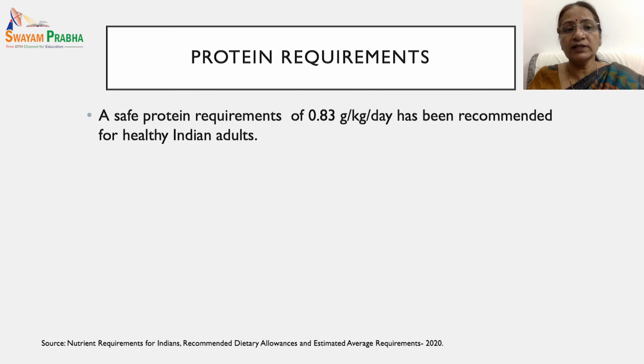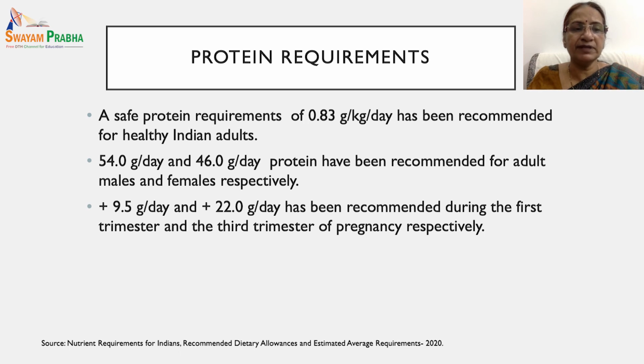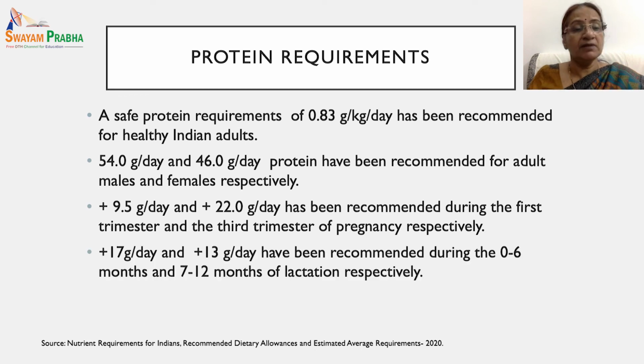Previously, it was 1 gram per kg per day. 54 grams per day and 46 grams per day of protein have been recommended for adult males and females respectively, plus 9.5 grams per day and plus 22 grams per day during the first trimester and the third trimester of pregnancy respectively, plus 17 grams per day and plus 13 grams per day during the 0 to 6 months and 7 to 12 months of lactation respectively.